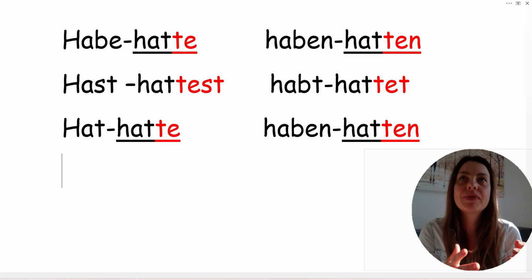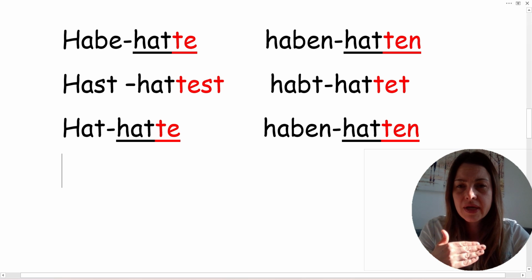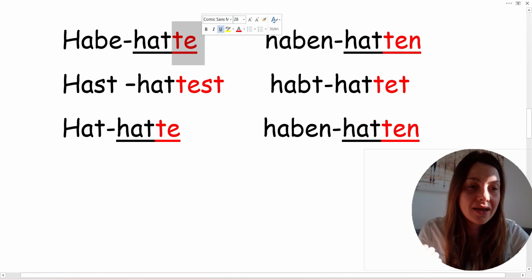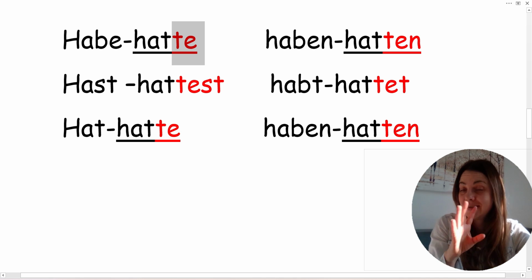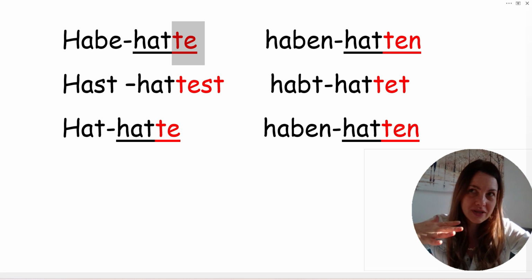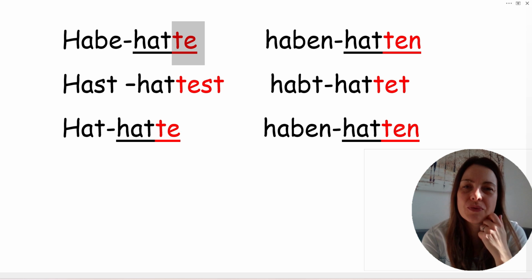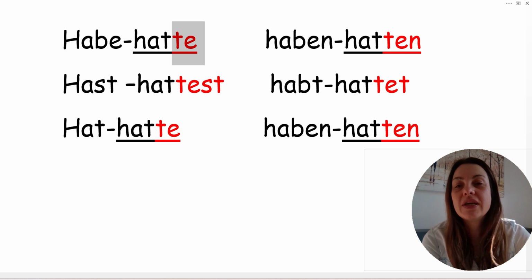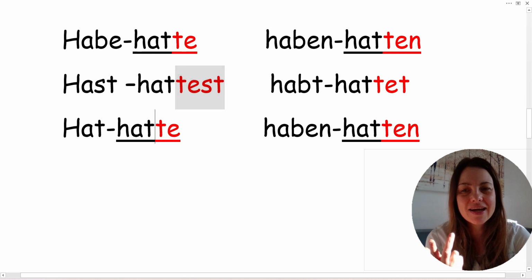So, for example, kaufen, to buy. I bought, ich kaufte. You bought. In English, here we have the simplest situation possible. So it's always I bought, you bought, he bought, they bought, we all bought something. But in German, we change the ending. So ich, as I said, ich kaufte, du kauftest, kaufte.